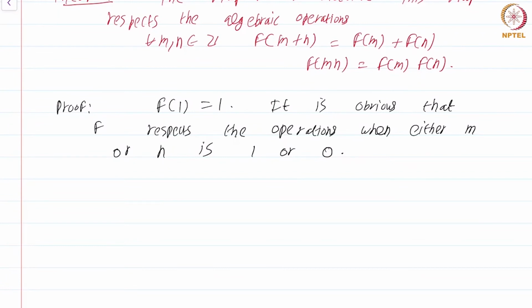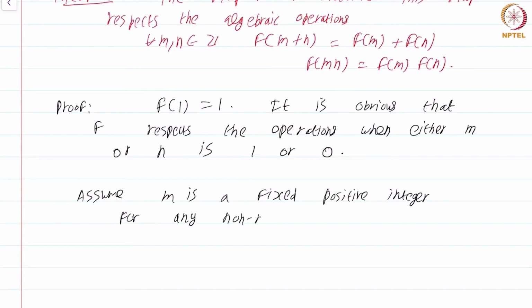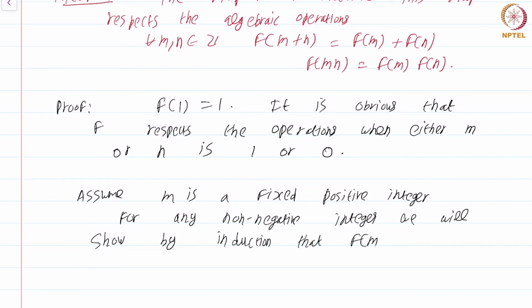Now, since we have shown this for when m or n is 1 or 0, we will assume that m is a fixed positive integer, and then we will apply induction to show that for any non-negative integer n, f of m plus n is f of m plus f of n.